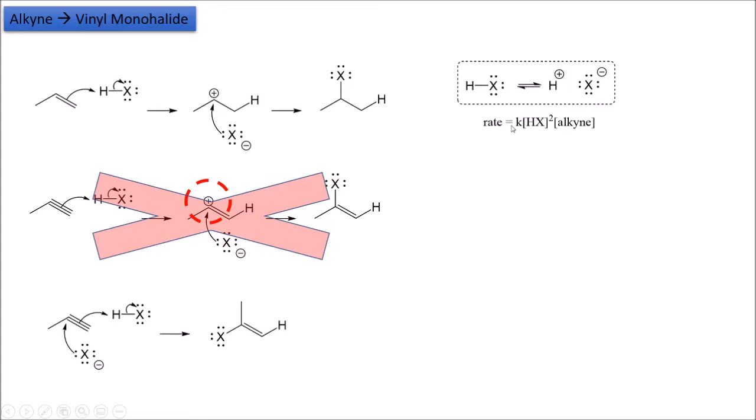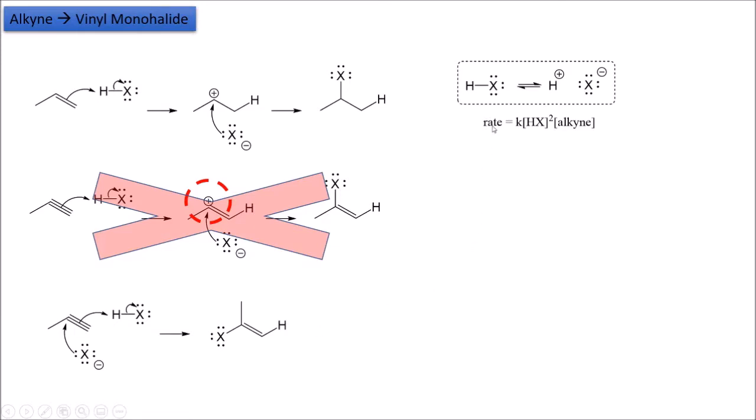You'll also notice for the first time a third order reaction overall. This is concerted, meaning everything happens in a single step, so this must be the rate determining step. And if this is the rate determining step, then there are 1, 2, 3 different species involved in that step.